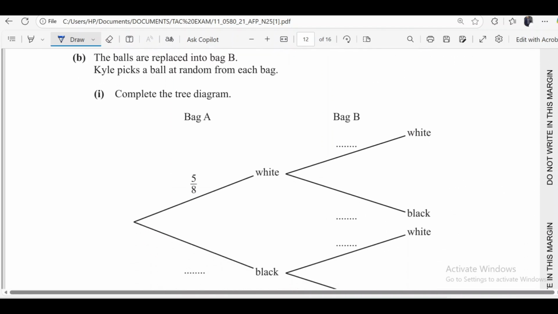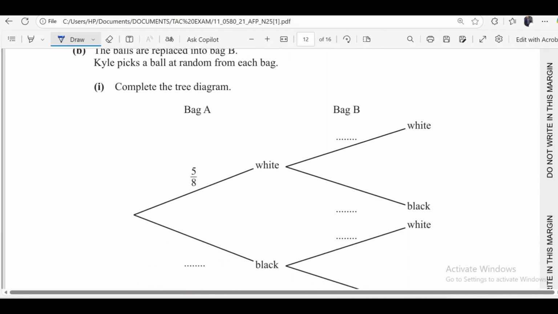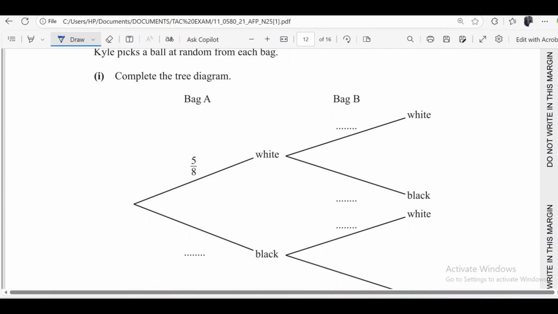So now we are asked to complete the Venn diagram. Remember, the sum of this value and this value here will give 1. So to get that, I'm going to say 1 minus 5 over 8, which is 8 over 8 minus 5 over 8. And that is going to give me 3 over 8.